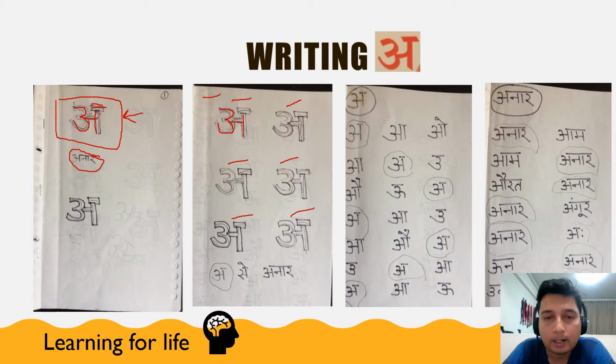If they are confused, you can orally guide them, but do not show them the sequence here. Again, in the end, you can see I have asked my child to circle a here. This is again for the visual recognition, and I have also written the word anar. So it's a repetition that there is a word anar and it's a se anar.